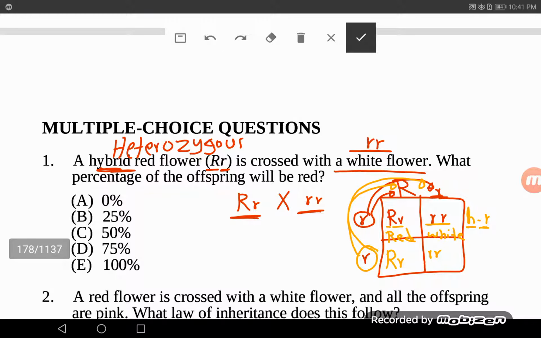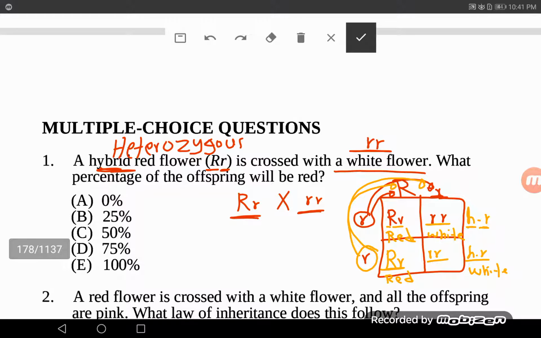The third one, the genotype is heterozygous, and the phenotype will be red. The fourth and last one, the genotype is again homozygous recessive, and the phenotype is a white flower.